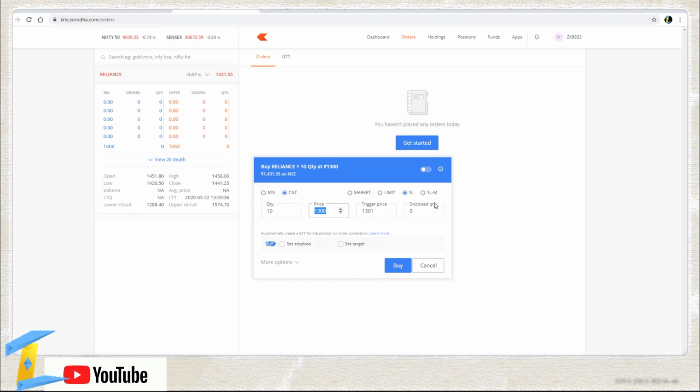In those situations, usually traders use an SLM order. What happens in an SLM order is it removes the limit. It is just the opposite of the market order, but it does a stop loss market. So you can keep a trigger. The moment it hits 1301, you will exit.